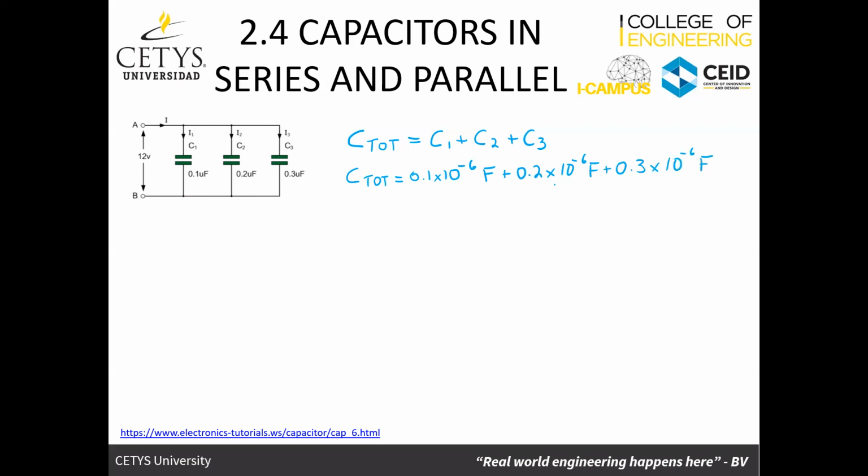Farads are the units for capacitance. And so the total capacitance is 0.1 plus 0.2 plus 0.3, which is 0.6 times 10 to the minus 6 farads. We could also say that this is 0.6 microfarads.